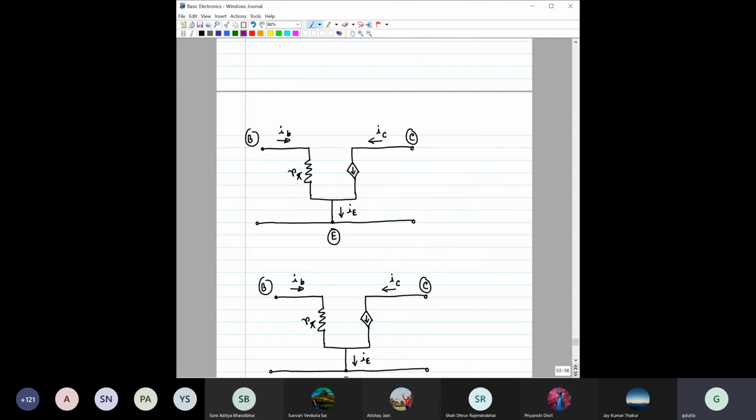So it is pi. And why is it called hybrid? Because you have an equivalent resistance, and you will also have gm, the transconductance part.